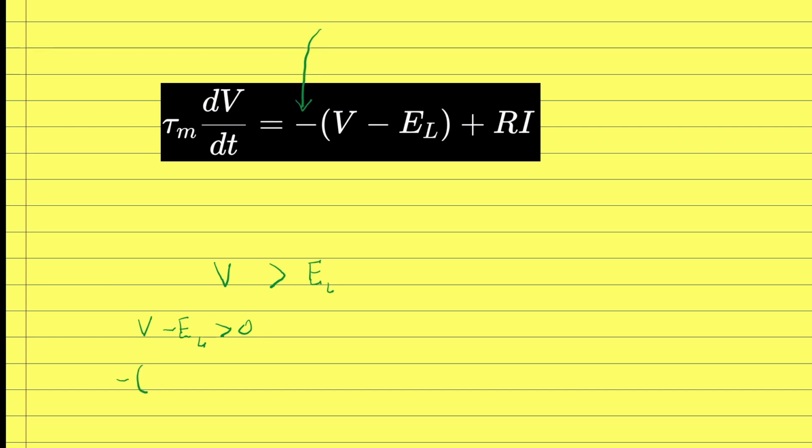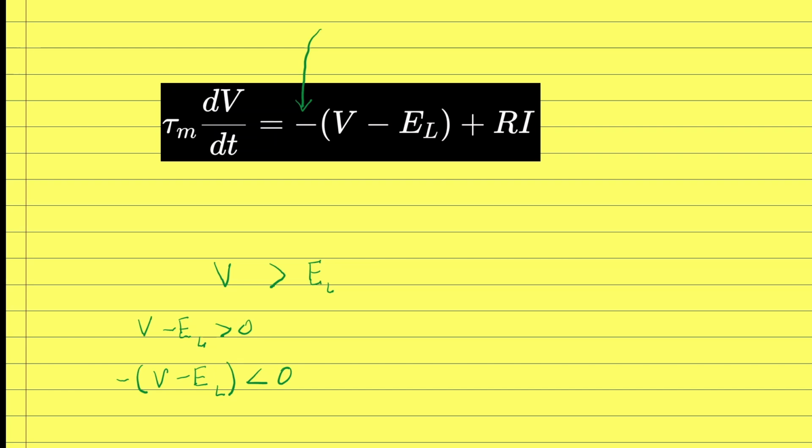So if I put the negative sign, this term forces the potential downward. So basically, wherever the potential is, if nothing else is happening, this term will continuously, slowly pull the potential towards E of L.